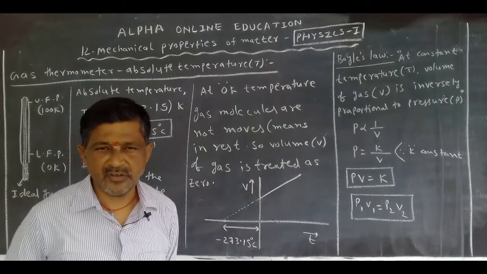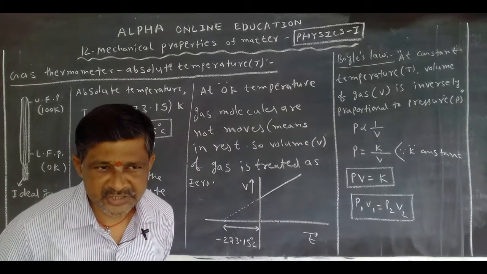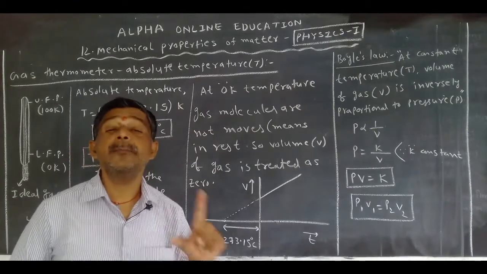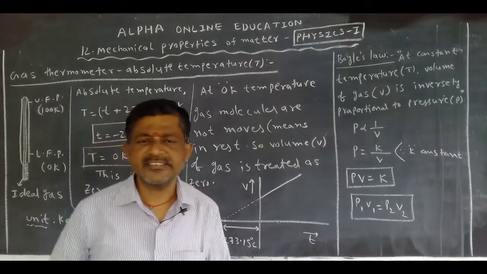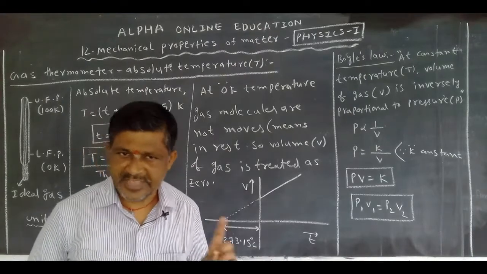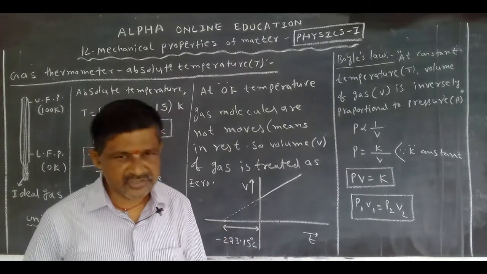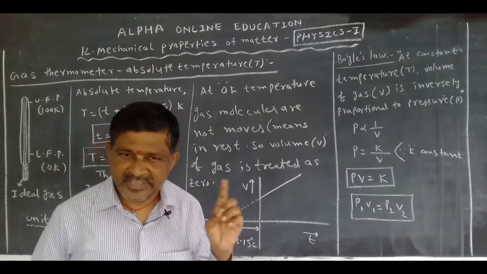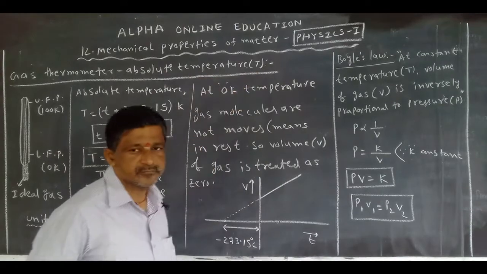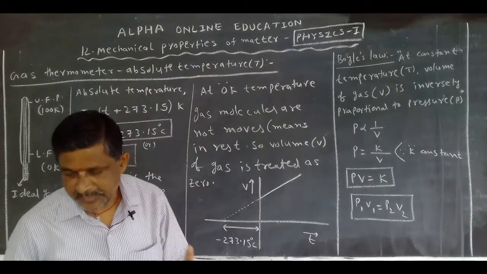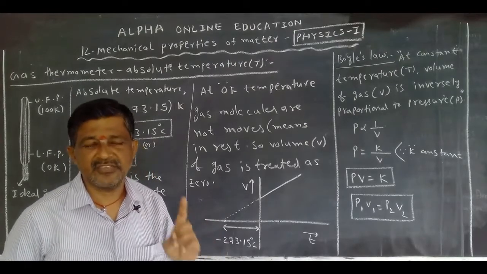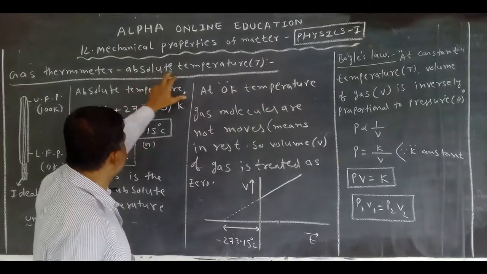On behalf of his name, the temperature measured by the gas thermometer is denoted by the symbol capital T. The temperature symbol is small t, but when we find the temperature of an object with the gas thermometer, the temperature is denoted by capital T. Capital T is called absolute temperature.